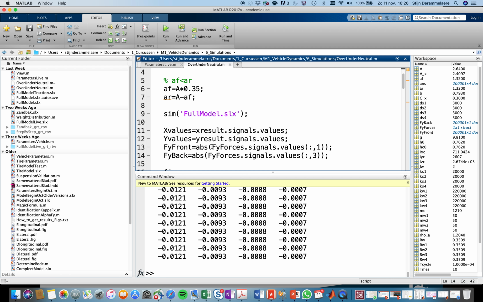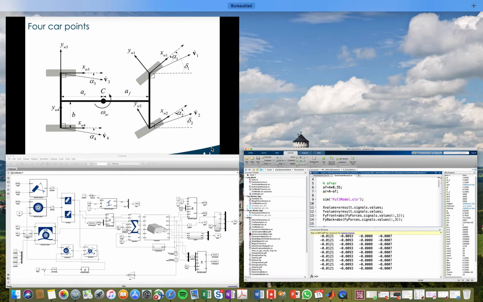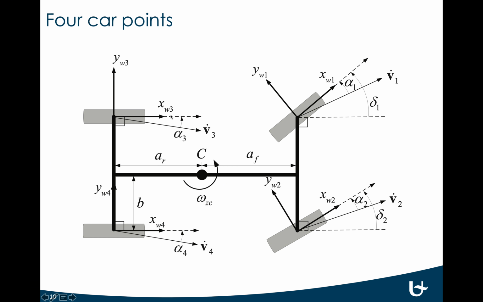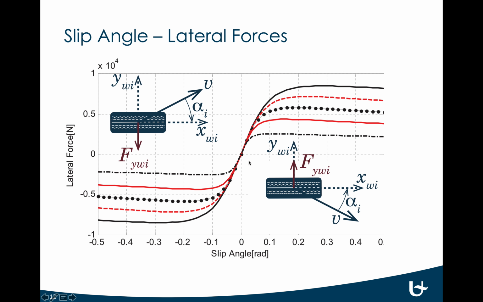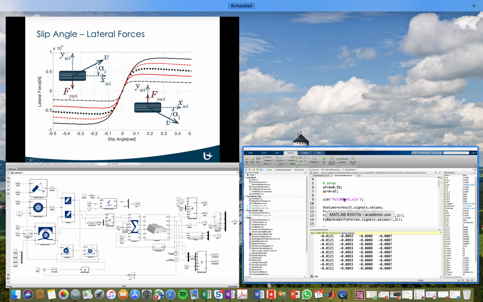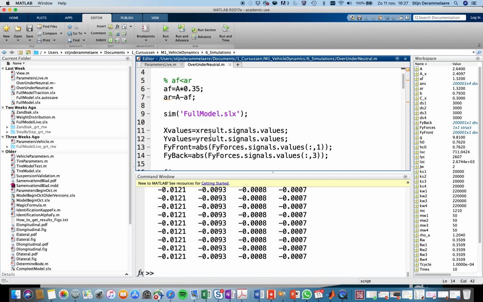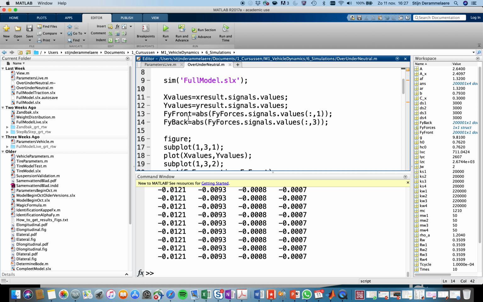Both forces will all be negative, which is quite logical. As we see here, we are always in this kind of similar situation where the forces help us to move towards the desired rotation angle. But we do this now for AF smaller than AR.